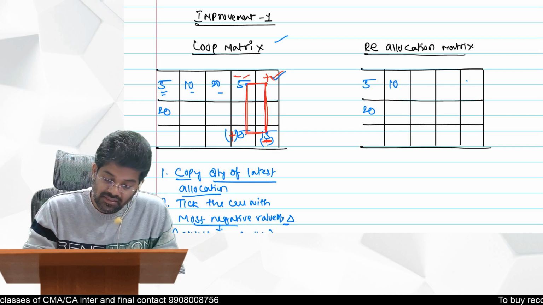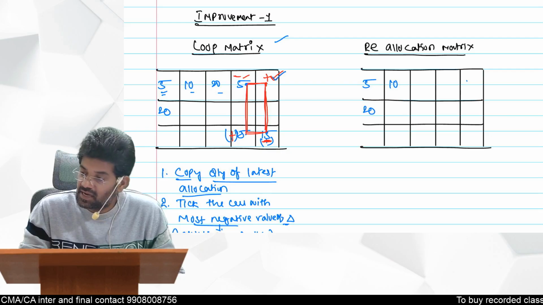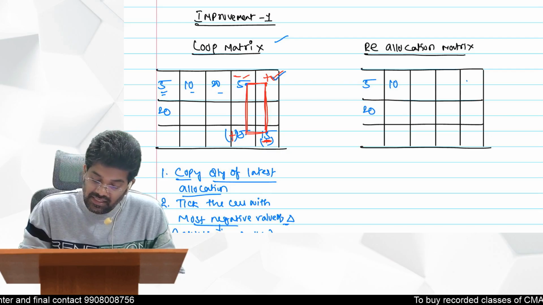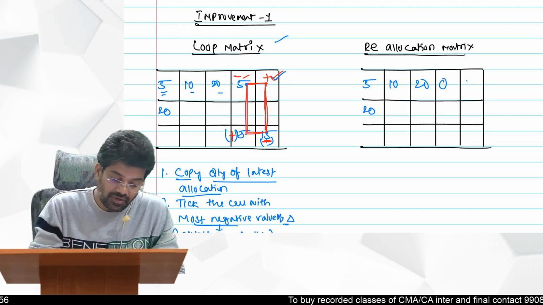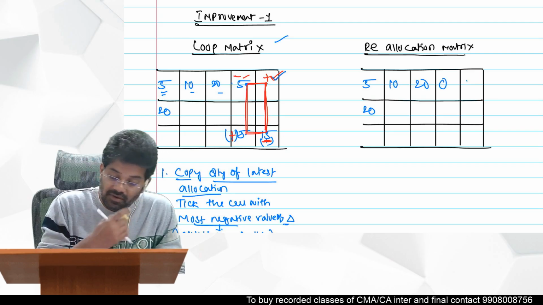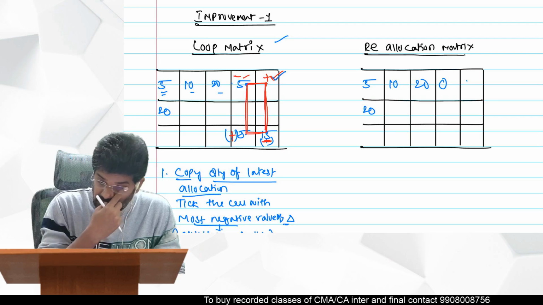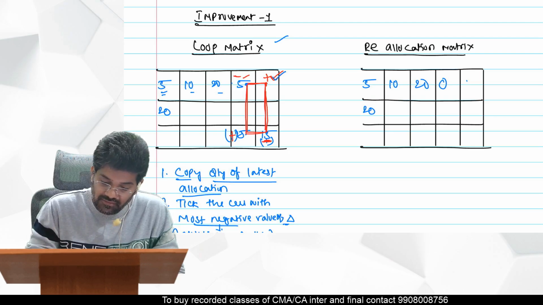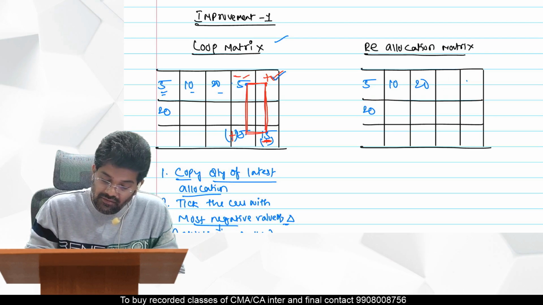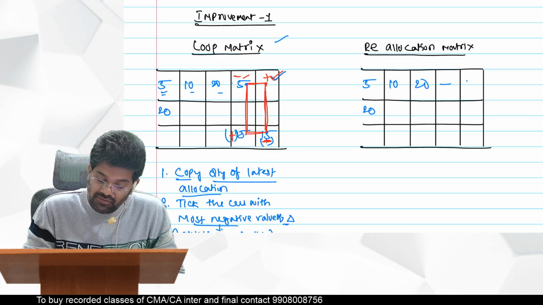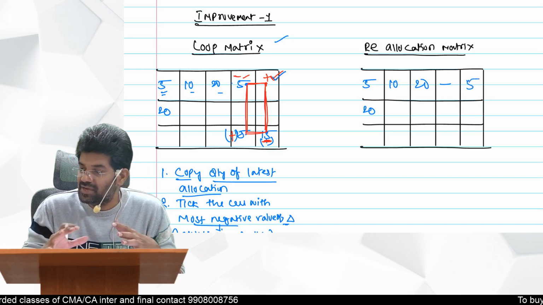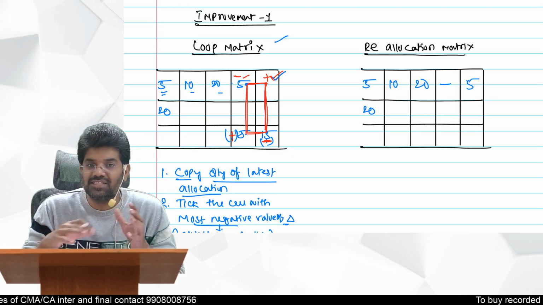Okay. Now see, after doing that reallocation matrix, you prepare 5, 10 same, 20 also same. Only thing is from 5 we have to deduct 5. It will be 0. So the least quantity we are deducting now. Instead of 0 you can put a hyphen, otherwise you will get confused there. Next, plus we have to do here 5. We are just revising, because if you change the quantities it will disturb the entire flow.